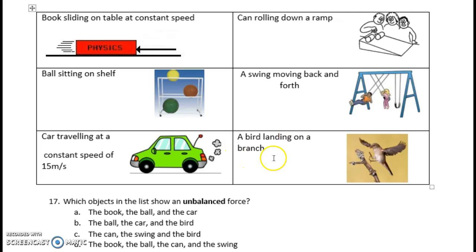And a bird landing on a branch. Which object shows unbalanced force? A. The book, the ball, and the car. B. The ball, the car, and the bird. C. The can, the swing, and the bird. Or D. The book, the ball, the can, and the swing.